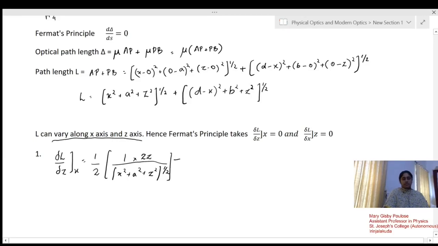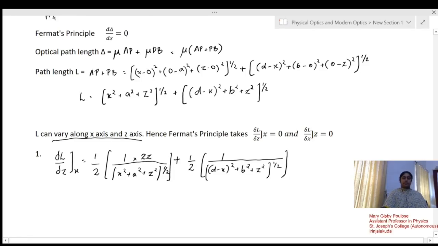That was the first term. Plus the next term, again 1/2 into 1 divided by ((d − x)² + b² + z²) whole raised to 1/2.